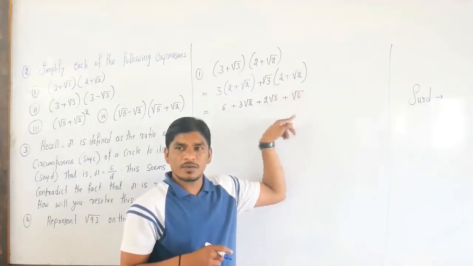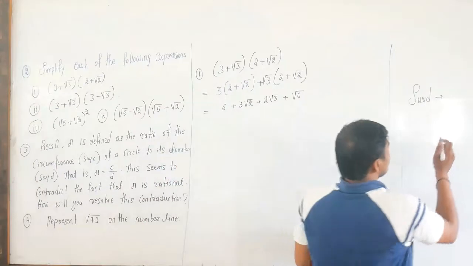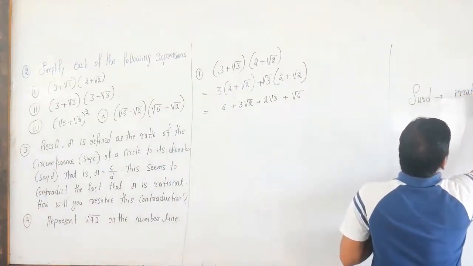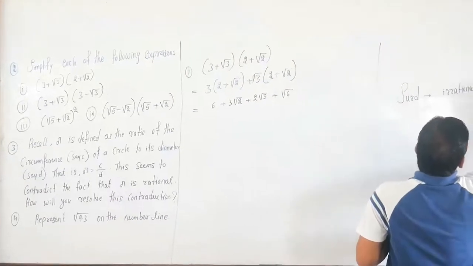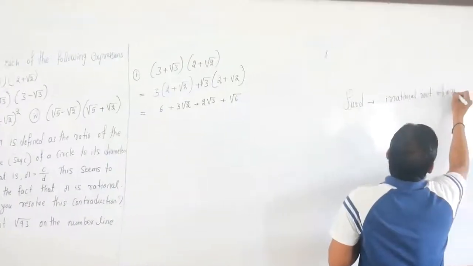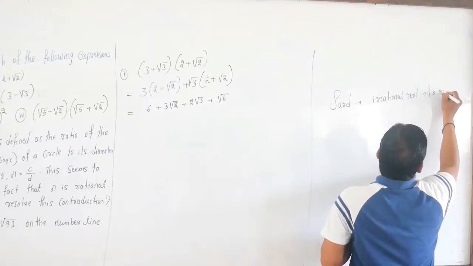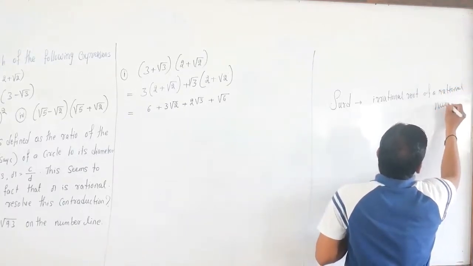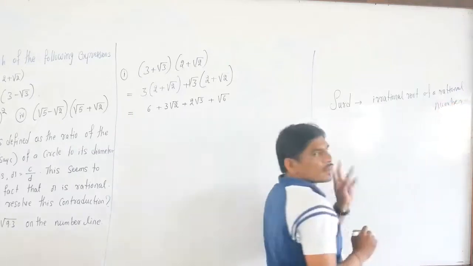That is an irrational root. So an irrational root of a rational number is the definition of a surd.